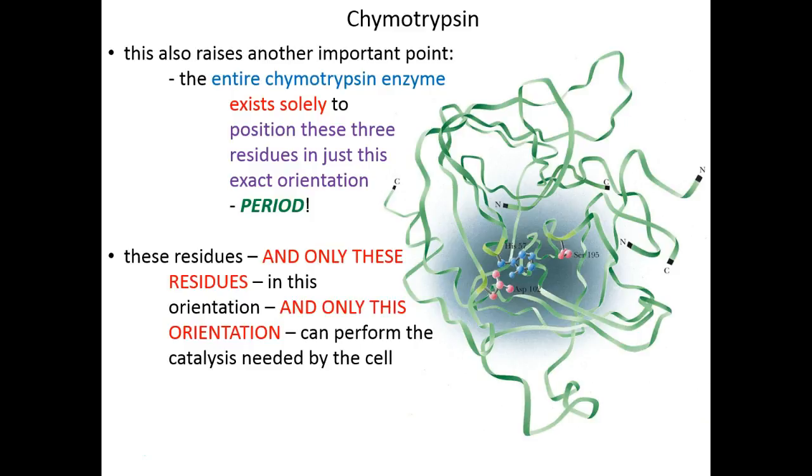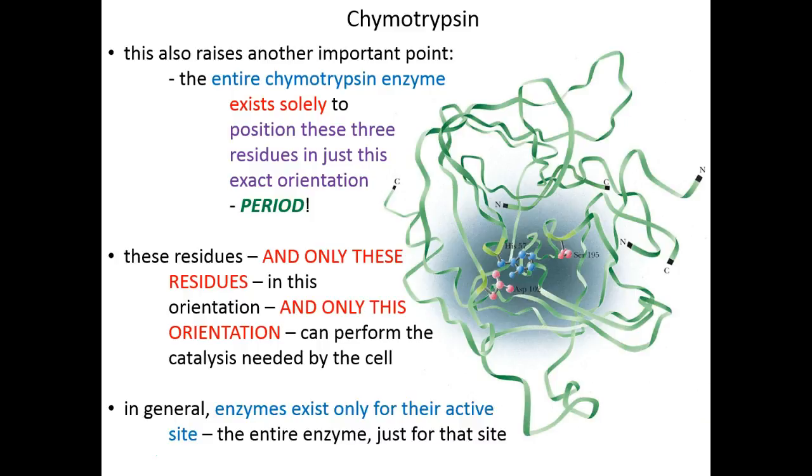That is to say, enzymes are largely scaffolding needed to put very specific and few side chains in very specific places right there in the active site. These three residues, histidine, serine, and aspartic acid, and only these residues, in this particular orientation, and only in this orientation, is what allows this enzyme to achieve the catalysis that it needs to achieve.